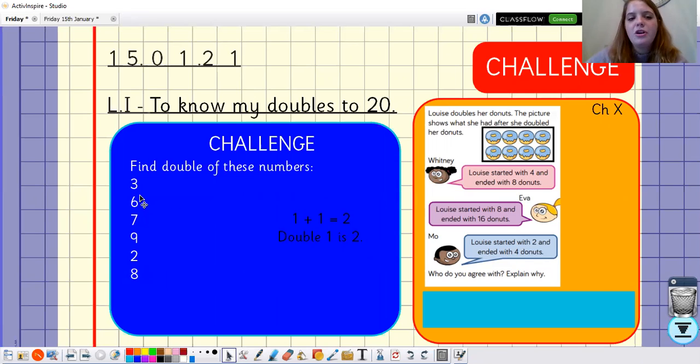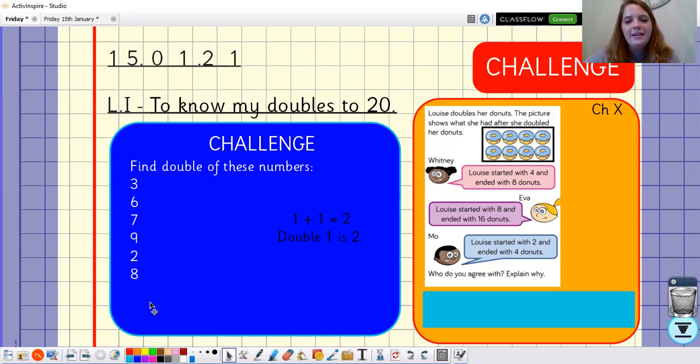Now I've done a number that's not on the list, so I've chosen to do double 1. So I've written 1 add 1 equals 2. Double 1 is 2. Okay, so that's what I want you to do for each of these 6 numbers there.